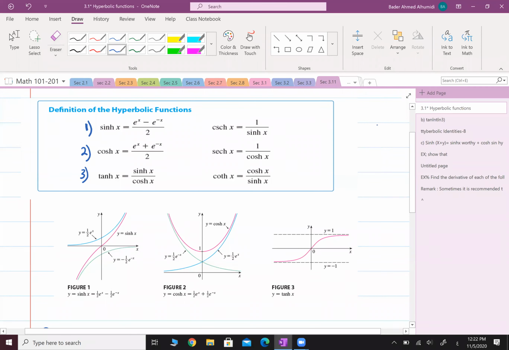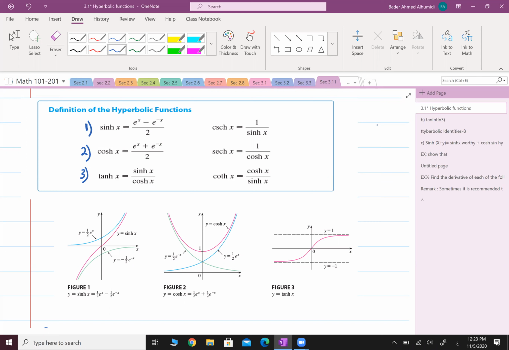The reciprocals now. The reciprocal of sine, as we know before, is cosecant. The reciprocal of hyperbolic sine is hyperbolic cosecant. The hyperbolic cosine inverse will be called hyperbolic secant. The hyperbolic tangent reciprocal will be called hyperbolic cotangent of x.